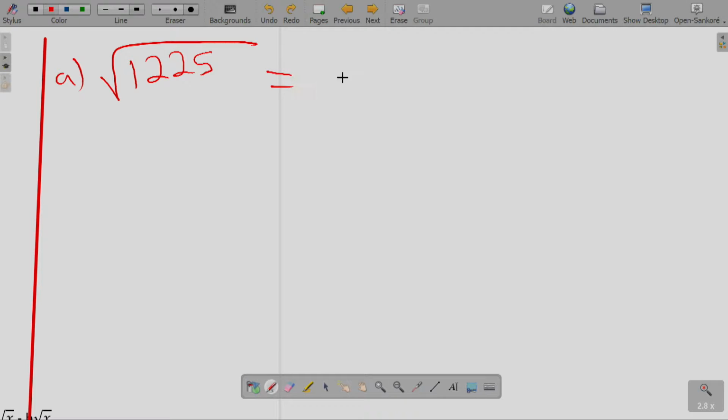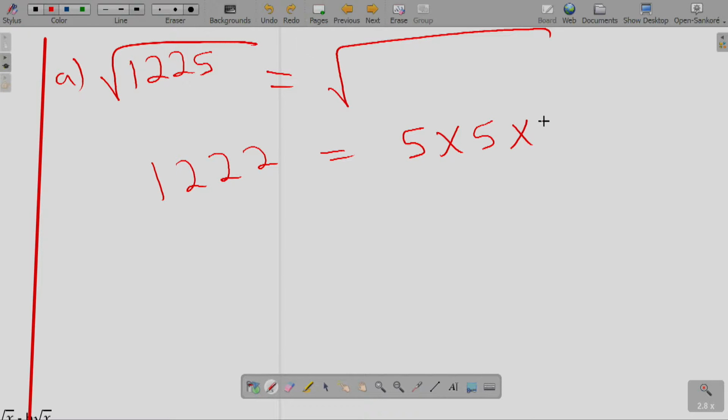We know that 1225 is equal to 5 times 5 times 7 times 7.